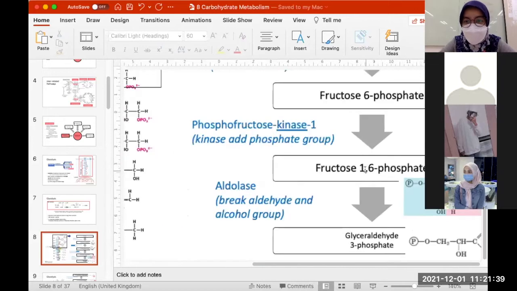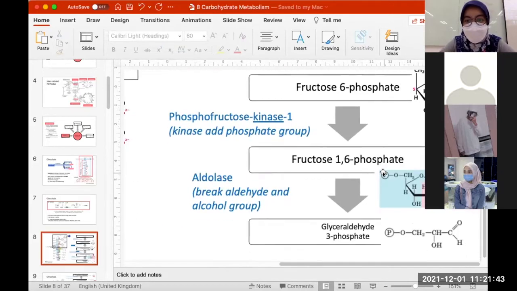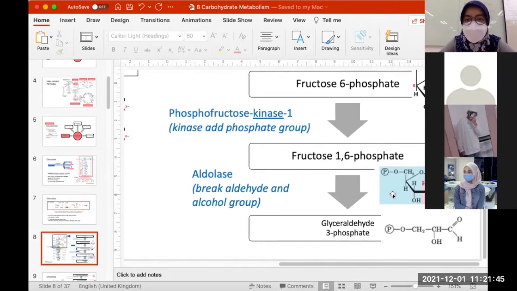So this is the structure of fructose 1,6-phosphate. Phosphate group at carbon 1 and phosphate group at carbon 6. So aldolase will break these two, turning into glyceraldehyde 3-phosphate.